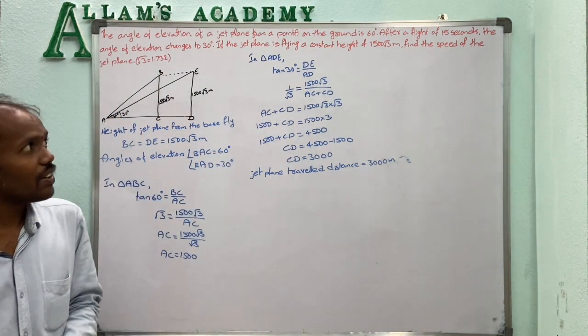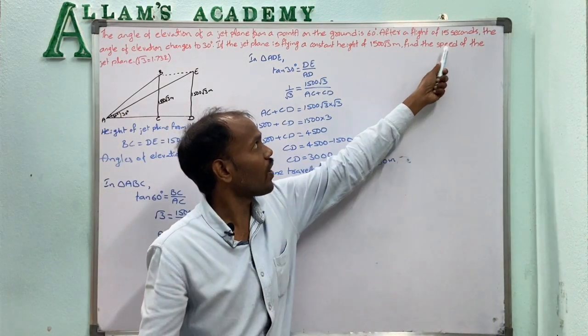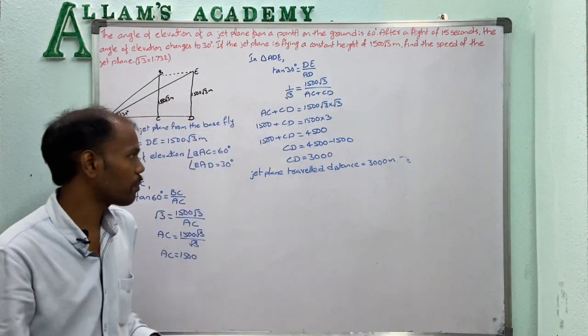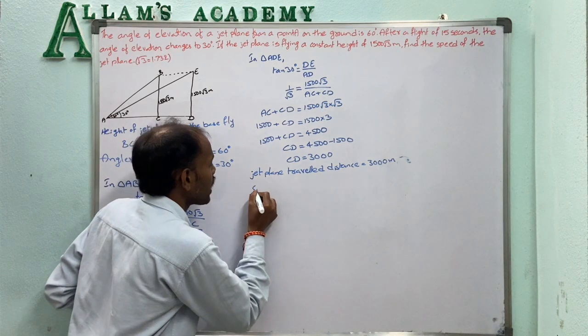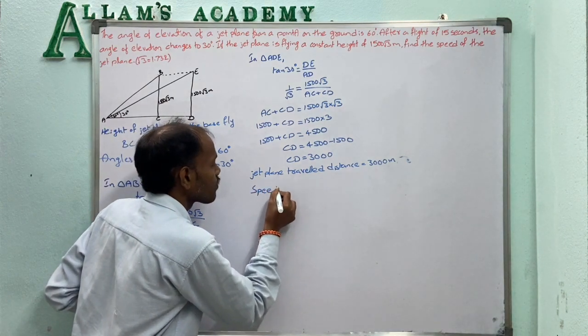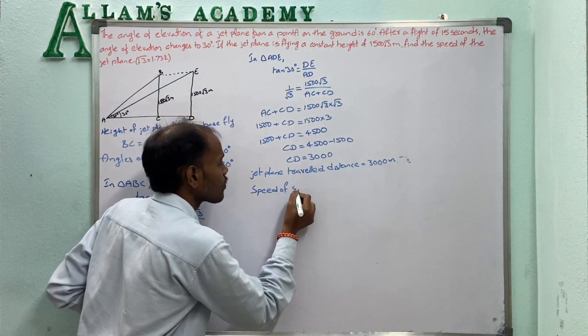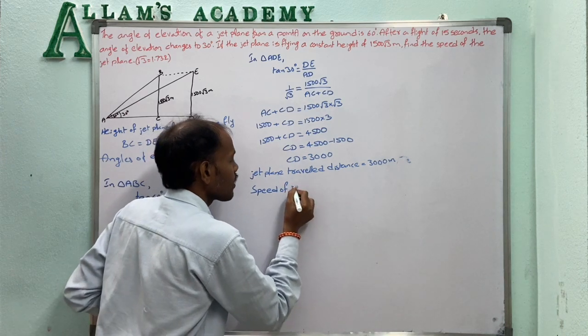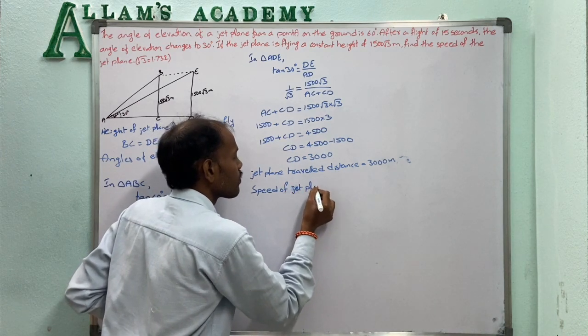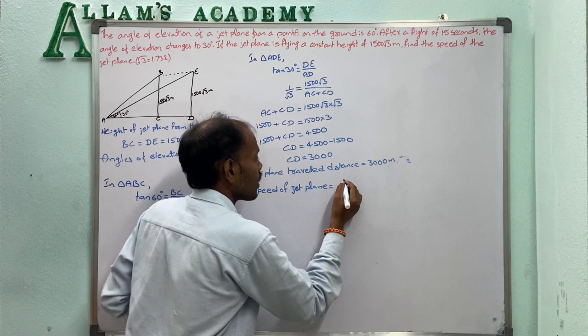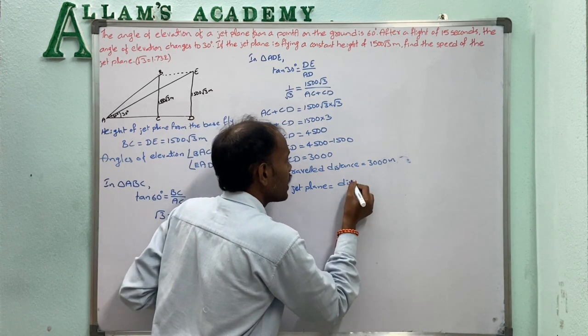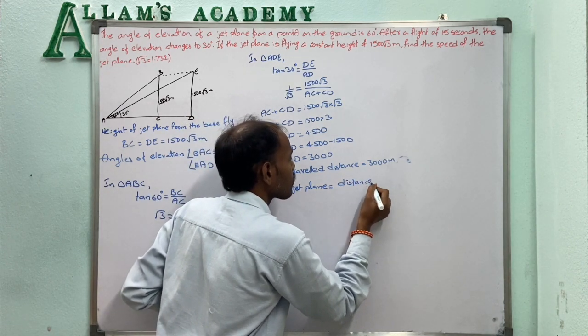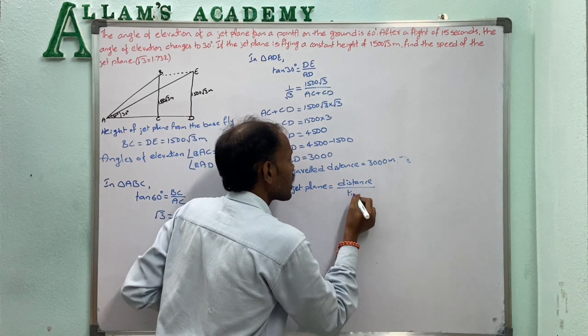Next, we are asked to find the speed of the jet plane. So speed of the jet plane equals distance by time.